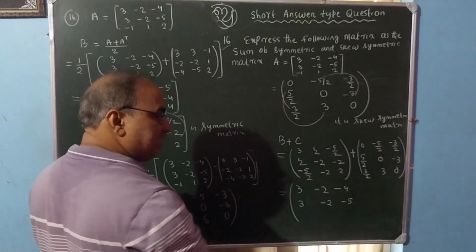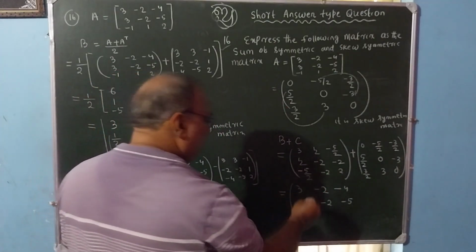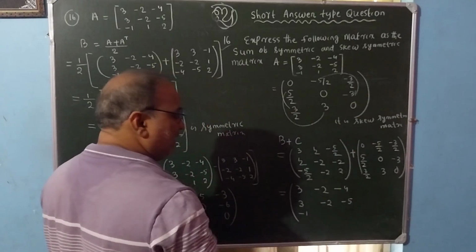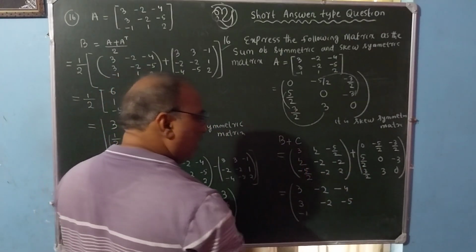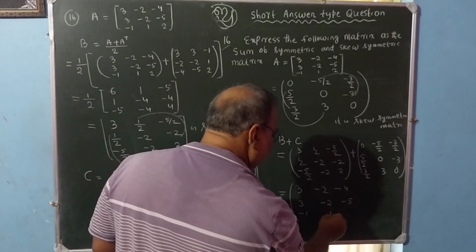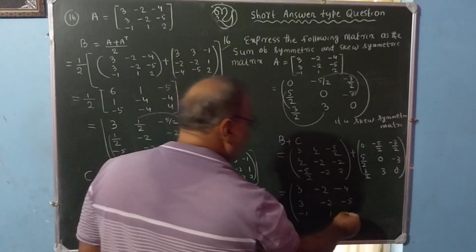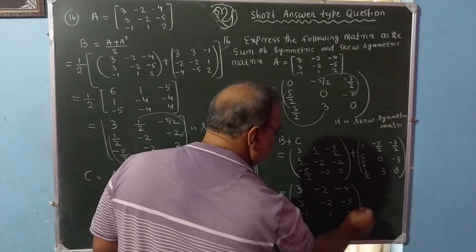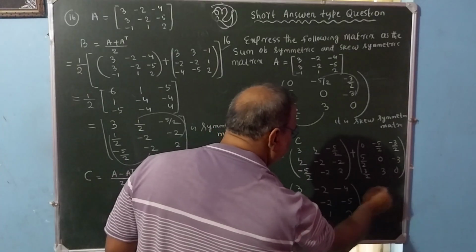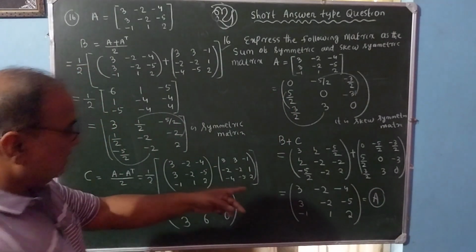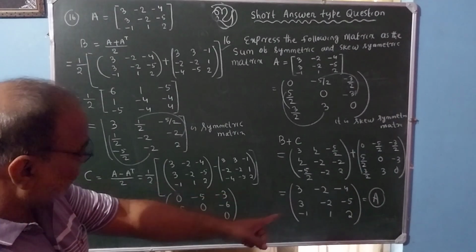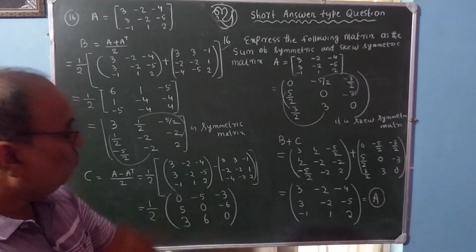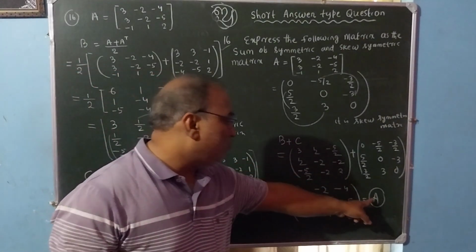Minus 5/2 plus 3/2, that is -1. Minus 2 plus 3, that is 1. So 2, here it is 2. You see here it is A or not. A is given as 3, -2, -4, 3, -2, -5, -1, 1, 2. So B plus C must be equal to A.